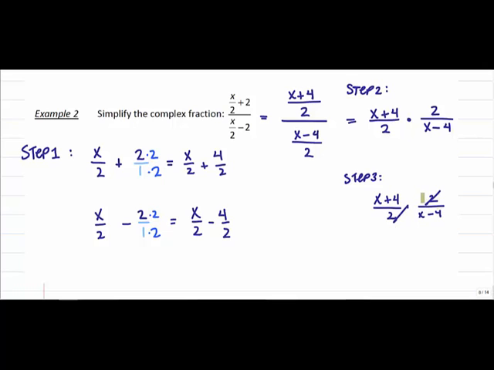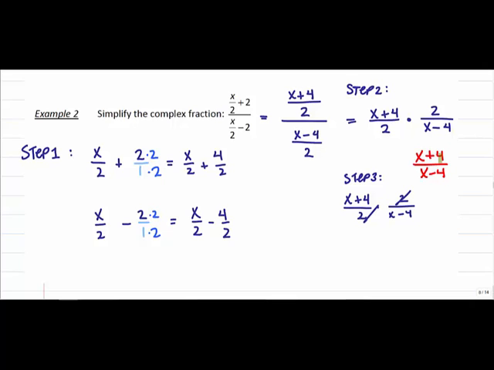You can cancel out those 2's, and so your final answer would just be x plus 4 over x minus 4. That would be it. And it drives me crazy, those x's. But that would be my final answer, x plus 4 divided by x minus 4.